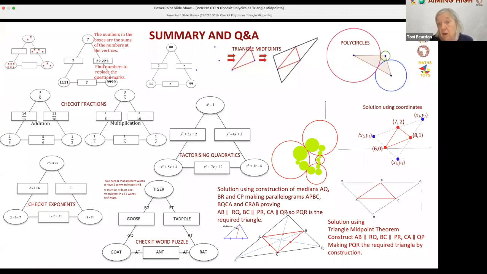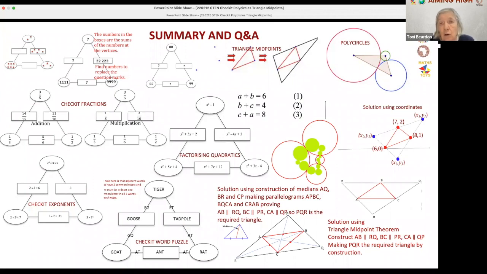And we can have a solution using the triangle midpoint theorem. That generalizes: A, B, and C don't have to be midpoints, but you can have them proportionally, and triangles similar to triangle PQR, but not necessarily with the proportion being 1 to 2.